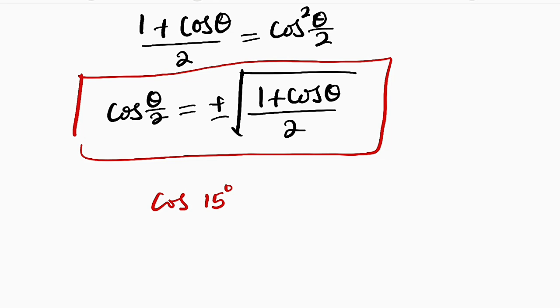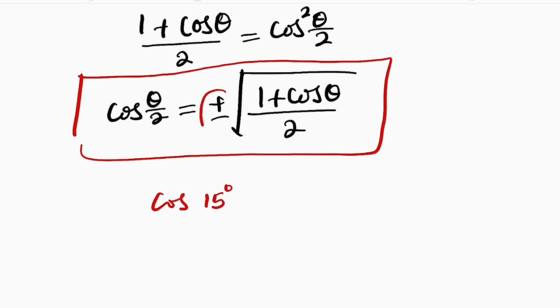So if you take 30 degrees and plug it here, you can see that this will be 30 divided by 2, which is 15. Therefore, cos of theta divided by 2 is equivalent to cos of 15 degrees. Then you use 30 here, and you know that finding cos of 30 degrees is very simple. Add it to 1, divide by 2, take square root.